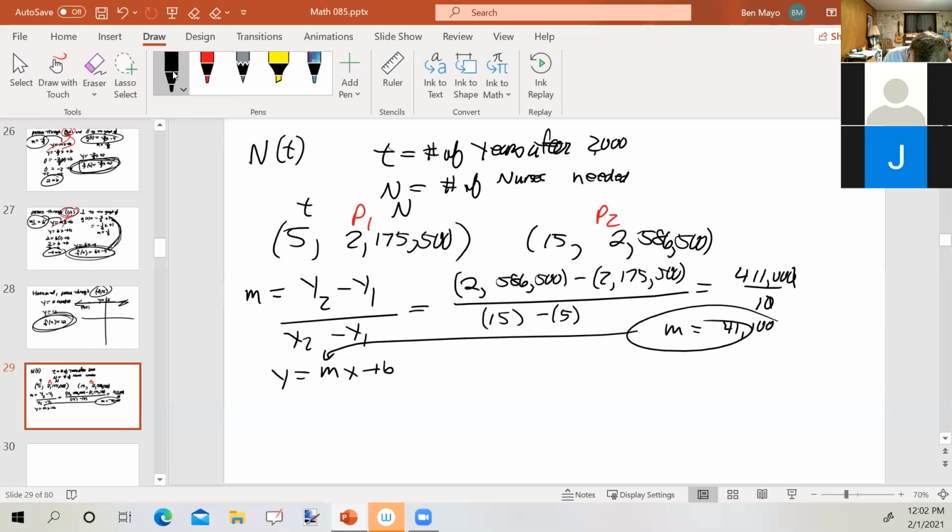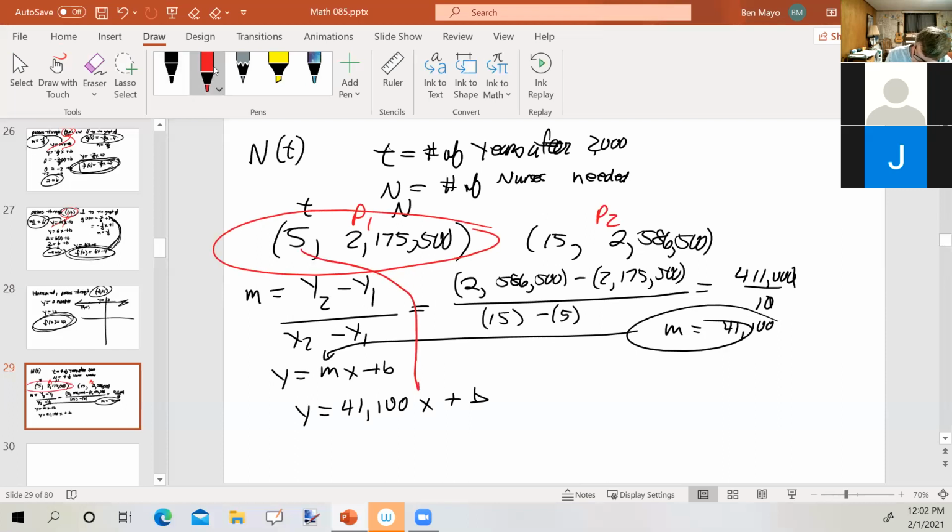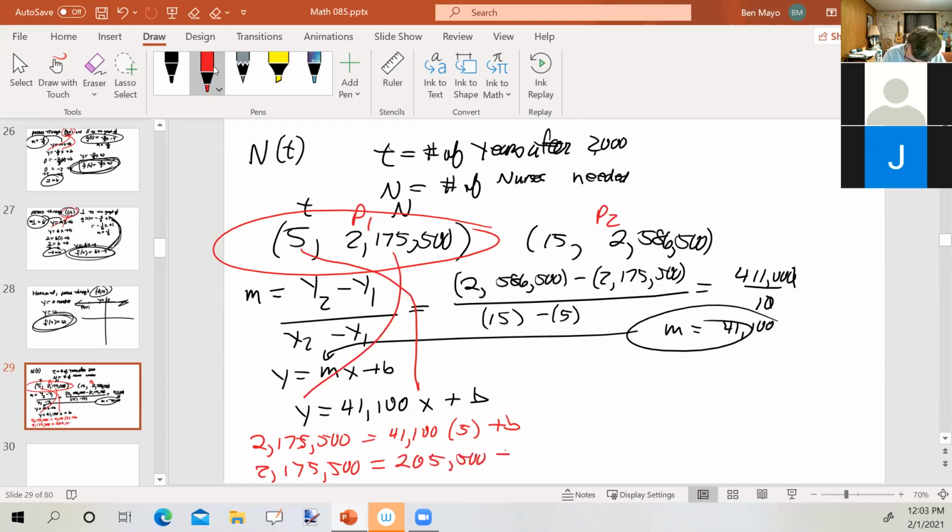All right. So y equals mx plus b. That's going to go in the place of m. Y equals 41,100x plus b. I'll use this ordered pair. 5 goes in for x, 2,175,500 goes in for y, and I get 2,175,500 equals 41,100 times 5 plus b. 41,100 times 5 is 205,500 plus b.